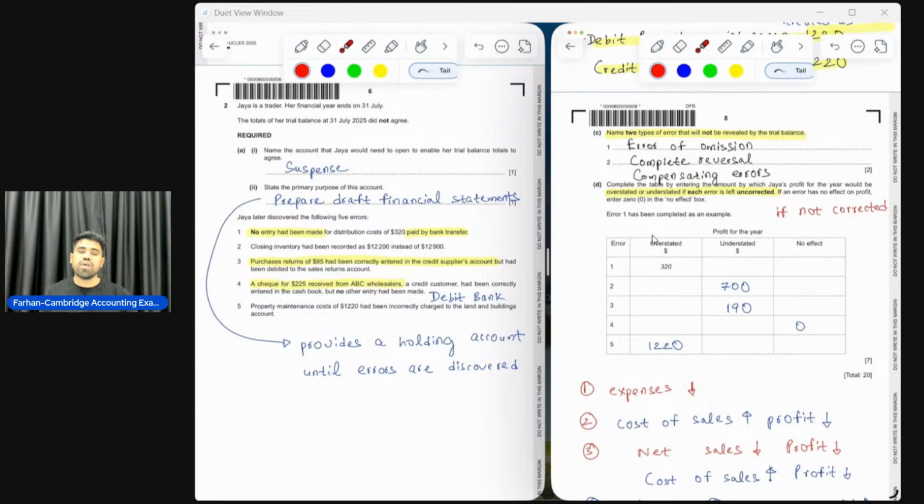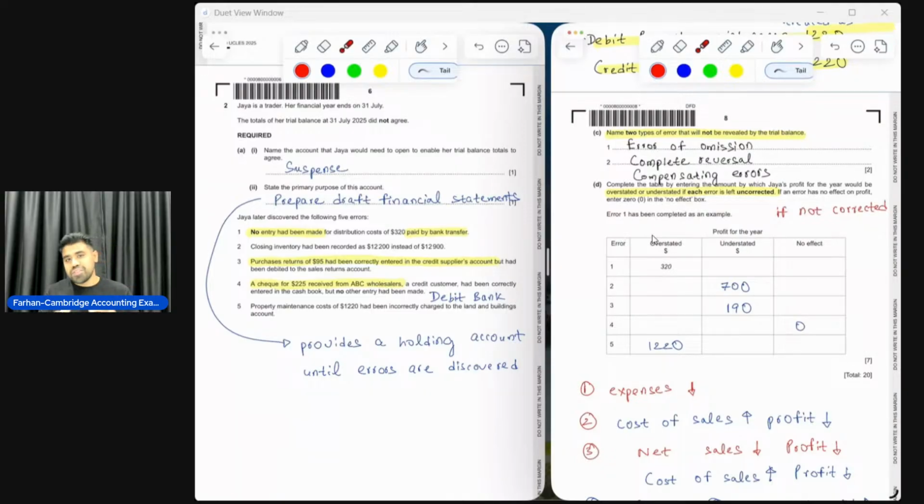So let me give you an example. Let's say we paid $500 for rent, which is an expense, right? So we would have to debit the rent account and credit the bank account. But our bookkeeper debited another expense account, which is the wages account, all right, and credited the bank account.